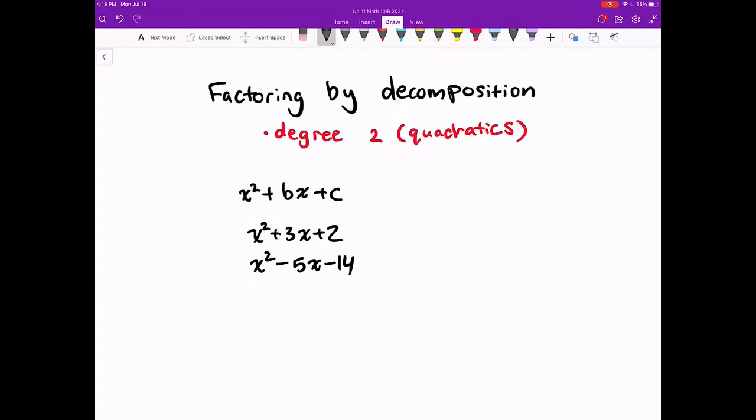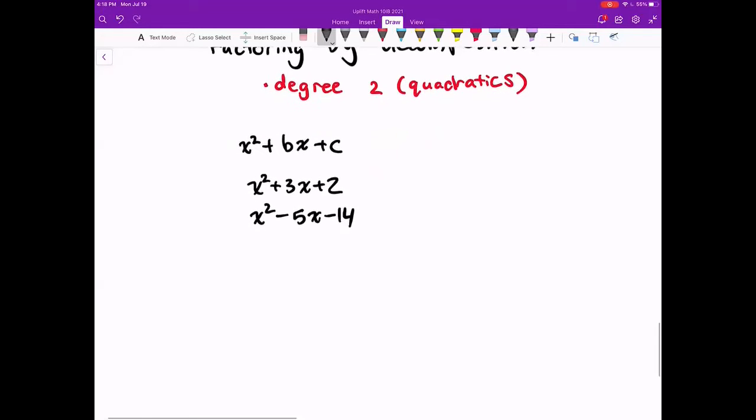Okay, so how we factor this is, remember in the previous lesson, we kind of talked about how when we have a trinomial, we always end up with two binomials multiplied together. So for example, x squared plus bx plus c, we can, okay, wait. Yeah, that's not a great way of putting it. We can give a concrete example.